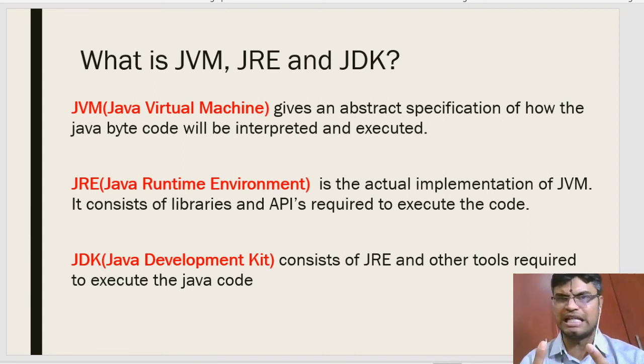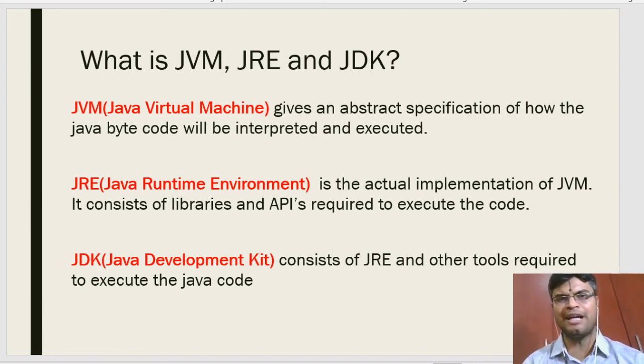They are very powerful IDEs, or integrated development environments, right? So in that IDE such as Eclipse, this JDK is already inbuilt. Your JRE, JVM will already be there. So you do not have to separately install a JDK. But if you do not have an IDE such as Eclipse or NetBeans, then you have to go on Google, search for the latest JDK on the Java Oracle website and install that JDK.